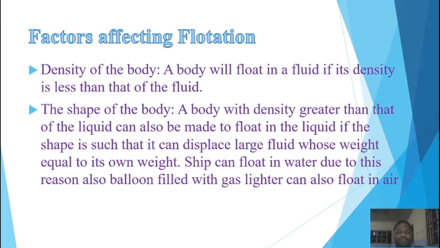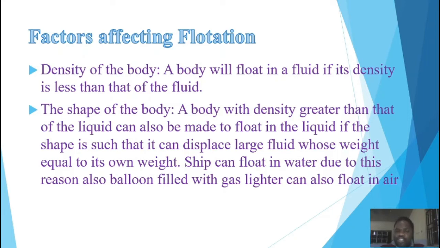Okay, now let us discuss the factors affecting flotation. Number one, the density of the body affects flotation. A body will float in a fluid if its density is less than that of the fluid. That is one condition. Then, number two, the shape of the body.